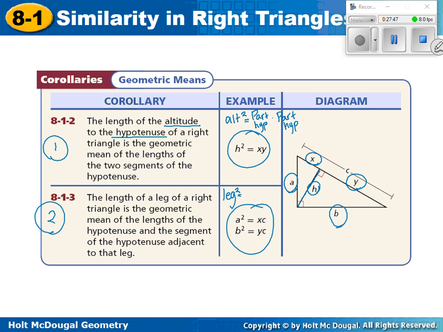They will equal the whole hypotenuse C times the part that's touching the leg we're looking at. So it is leg squared equals the hypotenuse times the part of the hypotenuse adjacent to the leg.